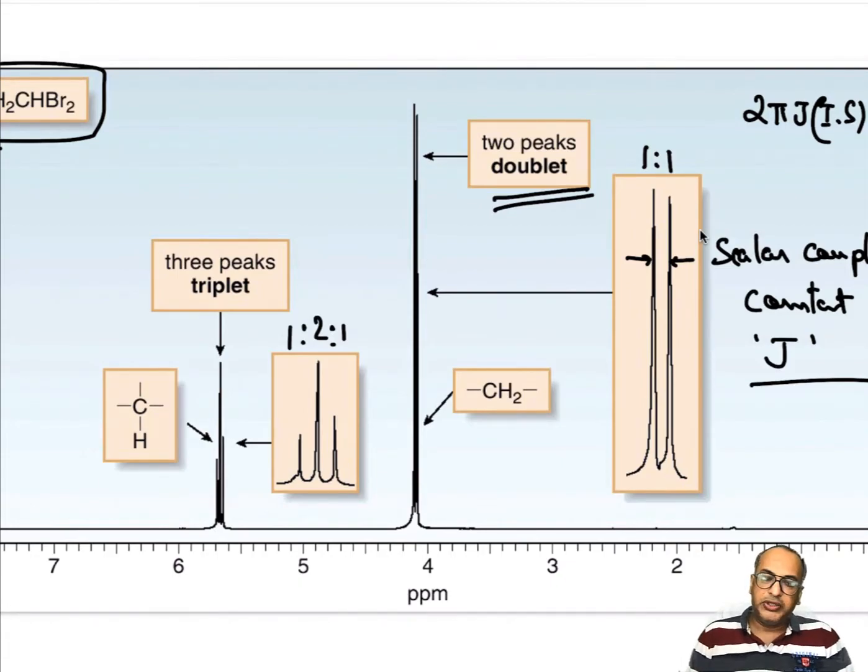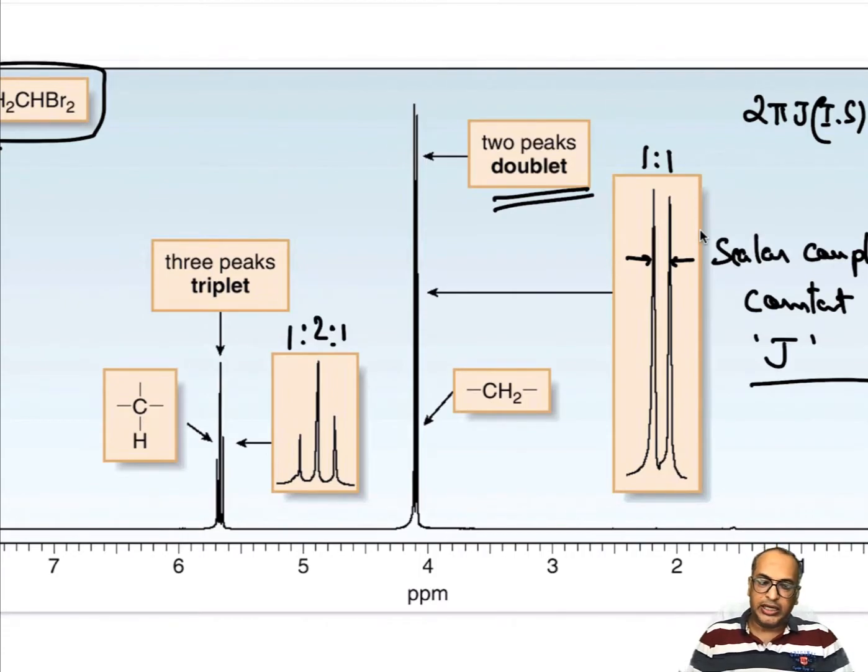The magnitude of J plays a good role in structure determination because it strongly depends on the dihedral angle of the coupled nuclei, or the orbital overlap, how strong the orbital overlap is between different nuclei, right?